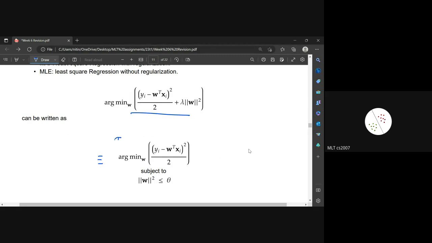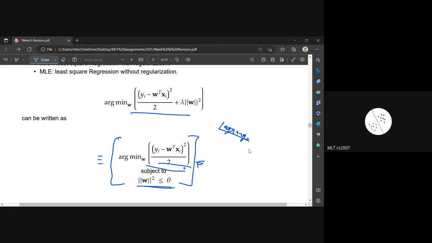Have you seen such kinds of problems in your optimization? This is your objective function and this is your constraint function. Have you seen words like Lagrangian? Yeah, we've seen it in MLF. So you must have solved such optimization problems.